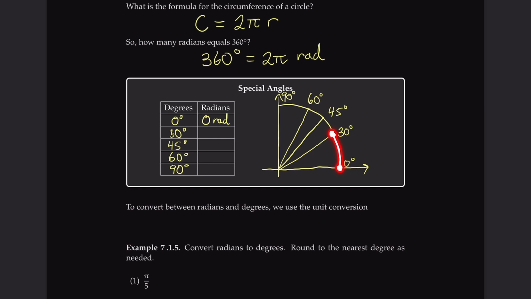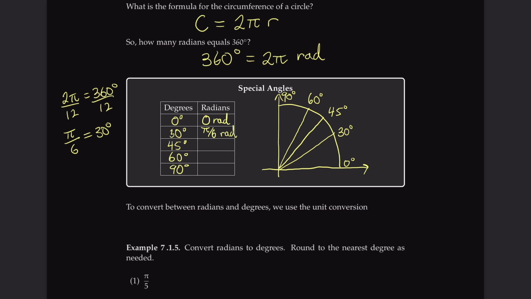And we can figure this out because we know that 2 pi is equal to 360 degrees. And so in order to get 30 degrees out of that, we need to divide both sides here by 12. And we'll get that pi over 6, which is 2 pi over 12, is 30 degrees. And so we're going to say that 30 degrees is pi over 6 radians.